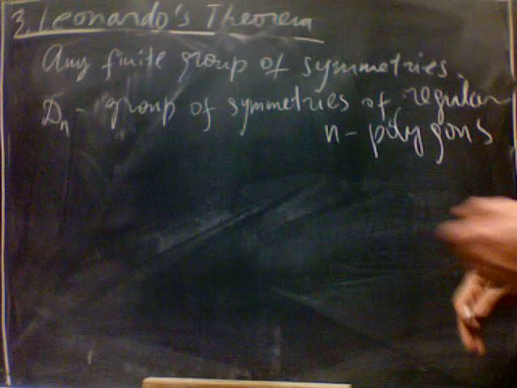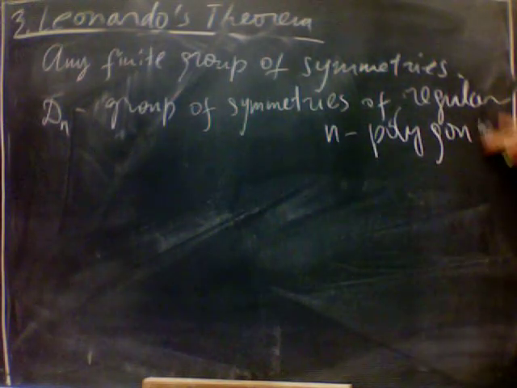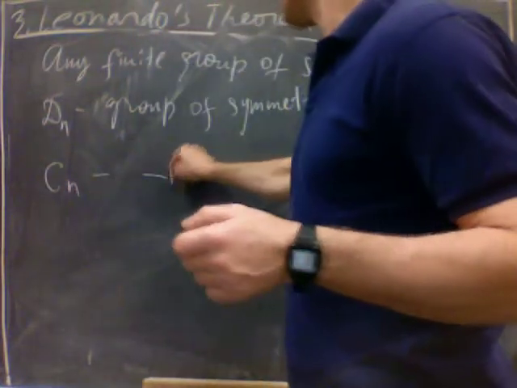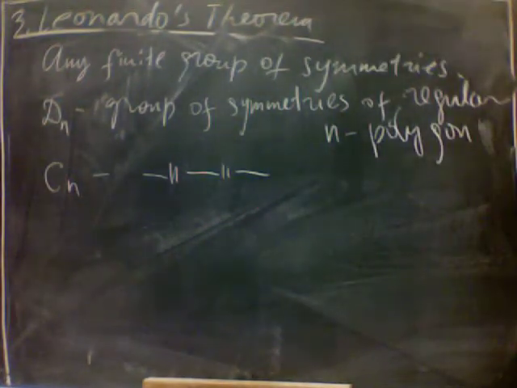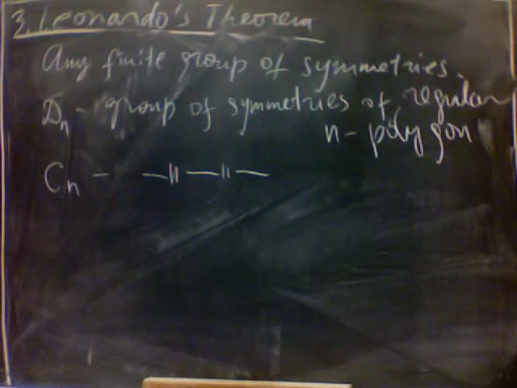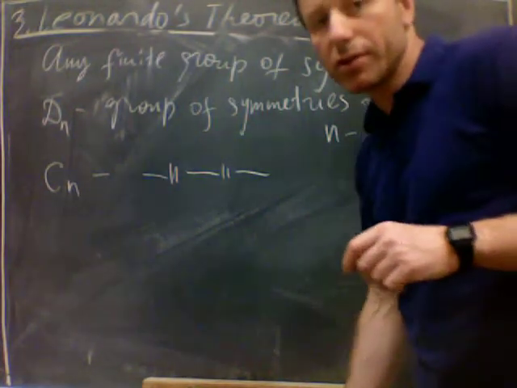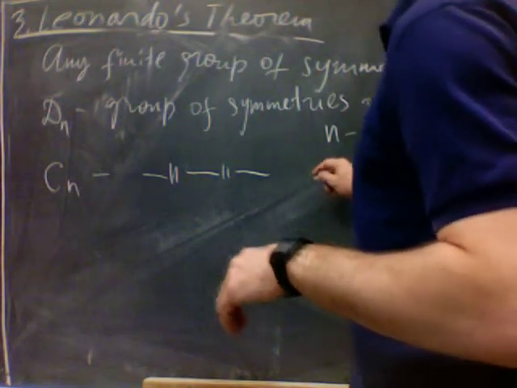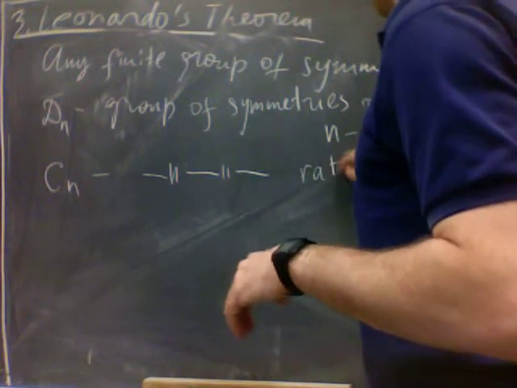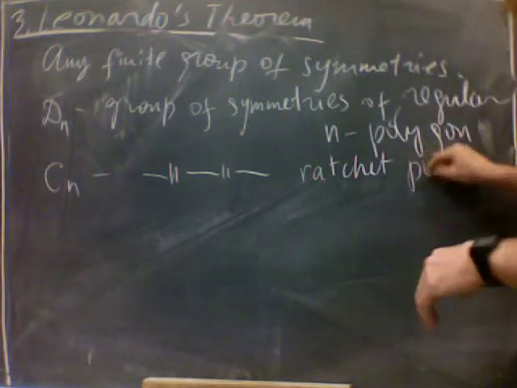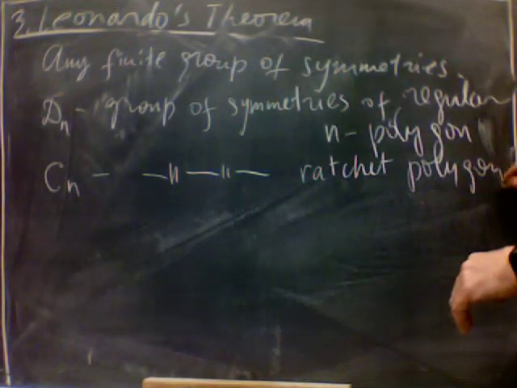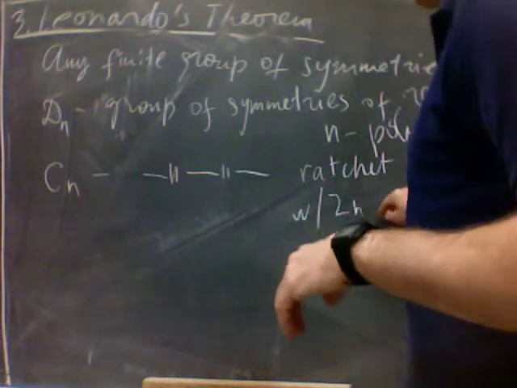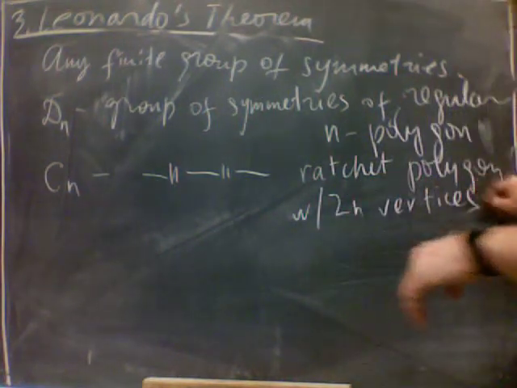So Dn is the group of symmetries of a regular n-gon, and for Cn we could present a polygon with 2n vertices, a so-called ratchet polygon. Cn was the group of symmetries of a ratchet polygon with 2n vertices.